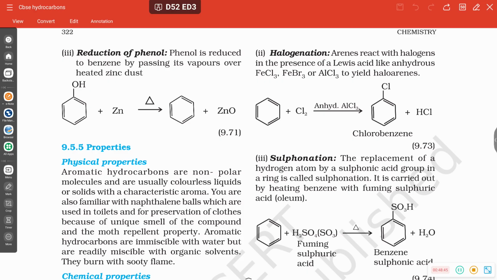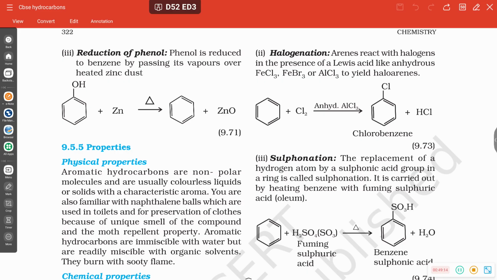If I am not giving anhydrous AlCl3, and I give something else, it will be an addition reaction. So many points are there to tell. First remember halogenation, what is the reagent? Nitration, what is the reagent? Sulfonation, what is the reagent? Alkylation reagent, acylation reagent. In that reagent, which is the electrophile, that also you have to know.